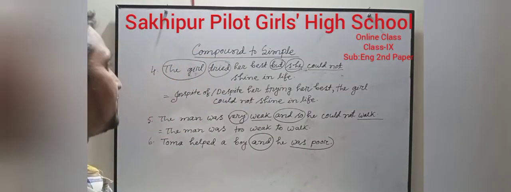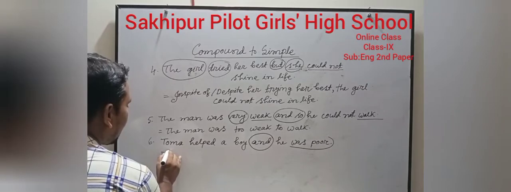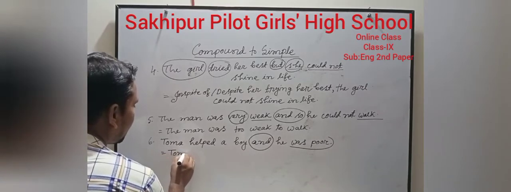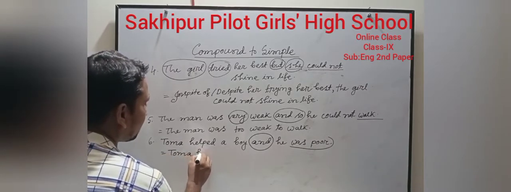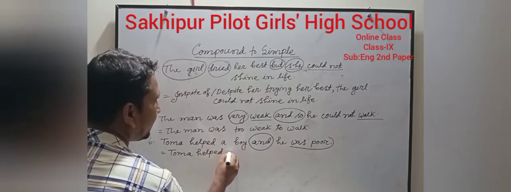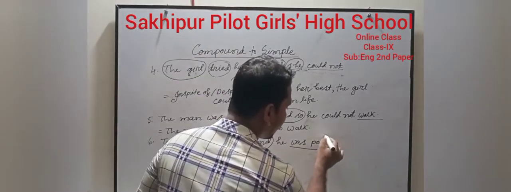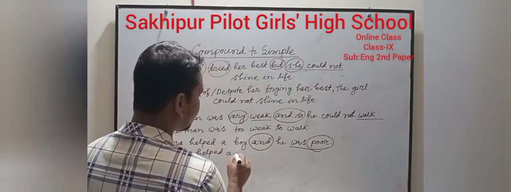If you want to change into a simple sentence, then you have to write the subject and verb the same as the first clause. Toma helped a. Then you have to write the adjective of the second clause.